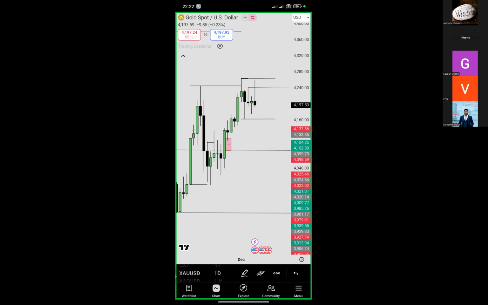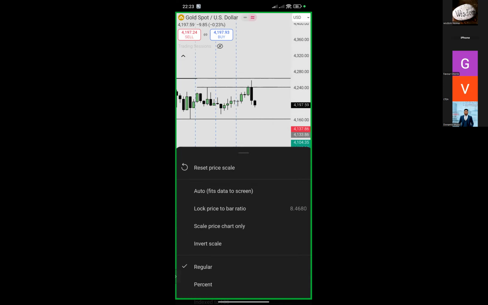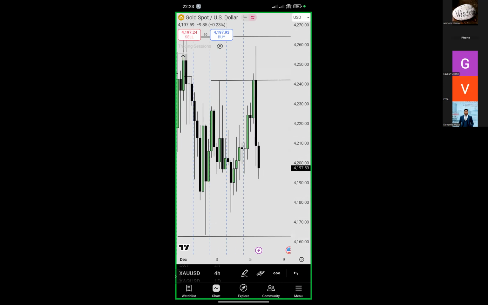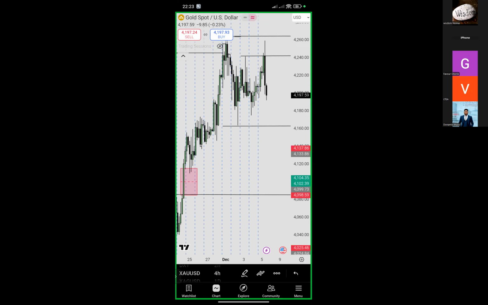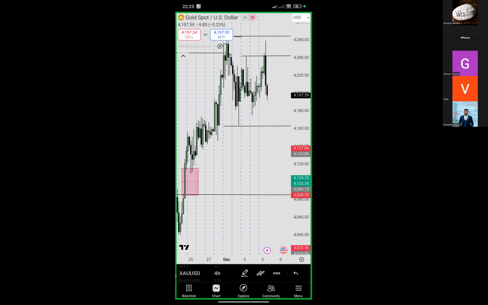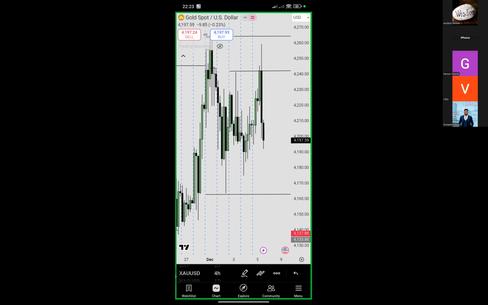Go to your 4 hour. The high of where you just marked out is still an A-shaped level on this 4 hour time frame.